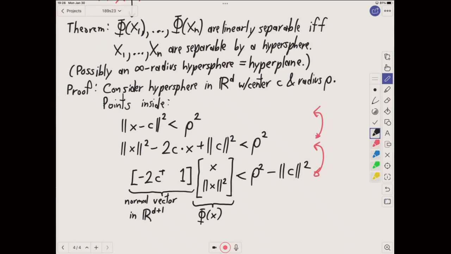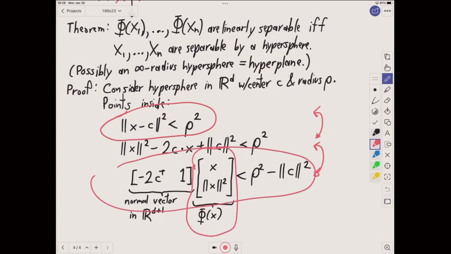And so what this equivalence says is that the point x is inside a particular sphere if and only if the lifted point, phi of x, is on one side of a particular hyperplane. Those two statements are equivalent. So, if and only if.